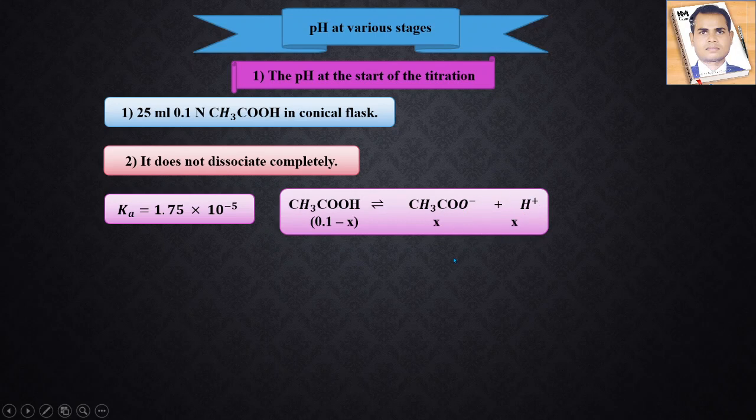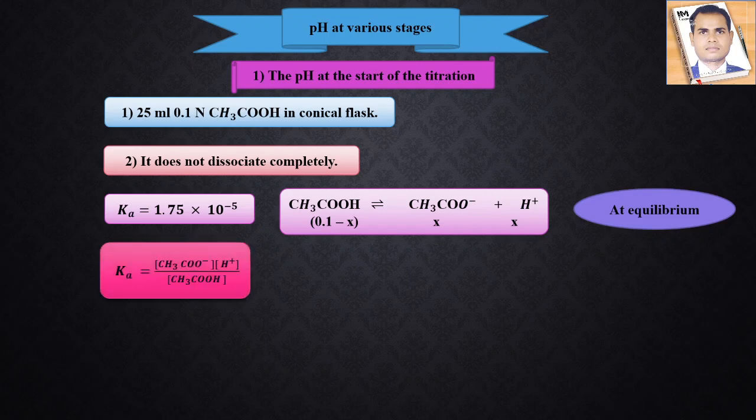This is the dissociation of the molecules, at the equilibrium stage. And you arrange it like this for the dissociation constant: the concentration of CH3COO minus times the concentration of H plus, divided by CH3COOH.